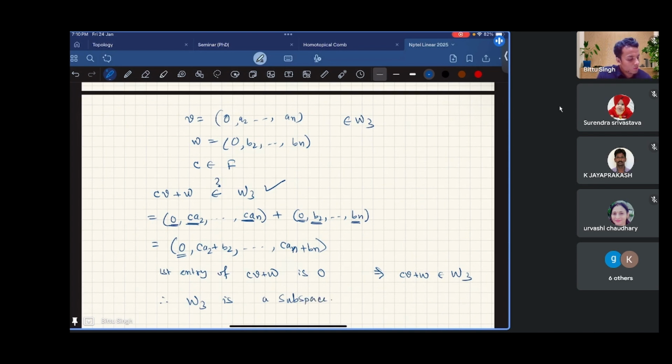So this is the condition which we will check. That is, it is closed under scalar multiplication, cv is there, and closed under addition, v plus w is also there. So this is holding in this case.